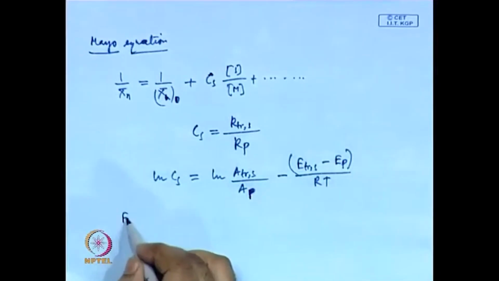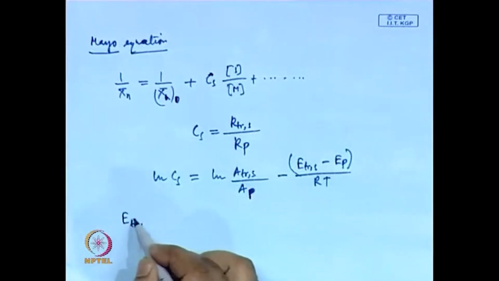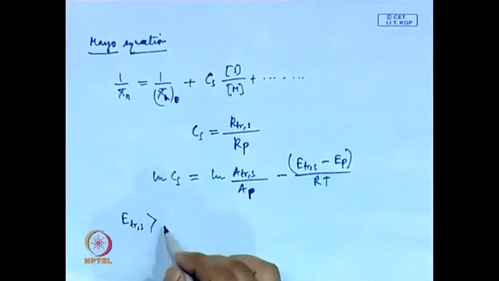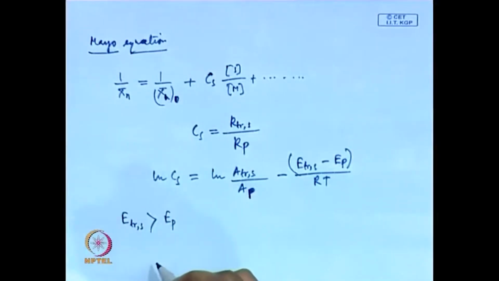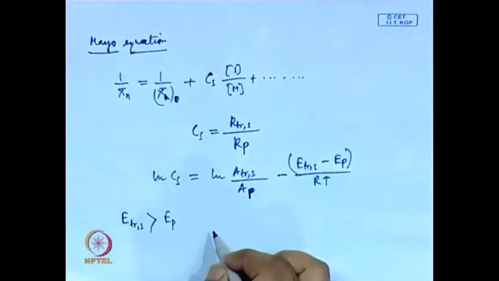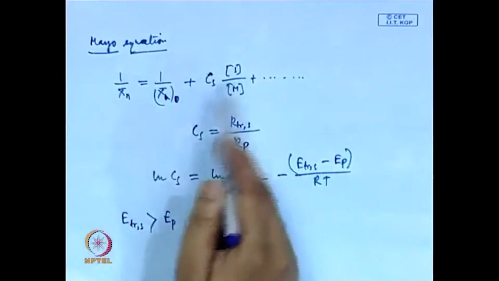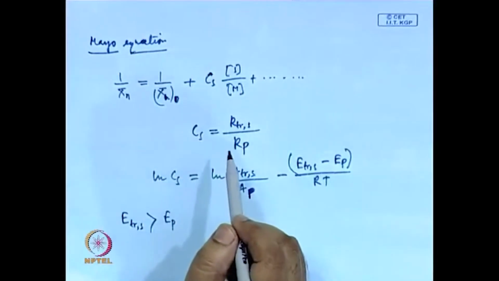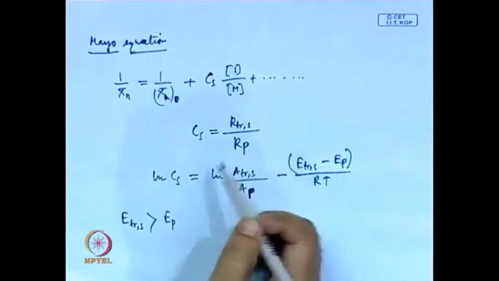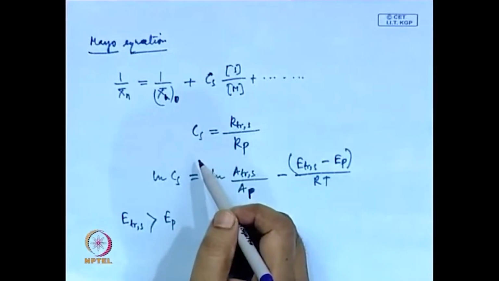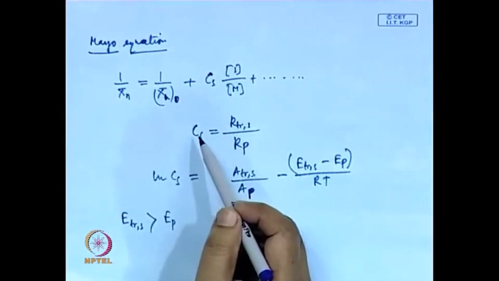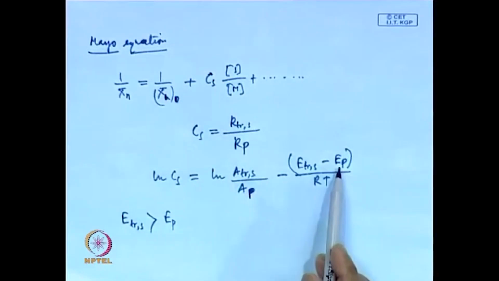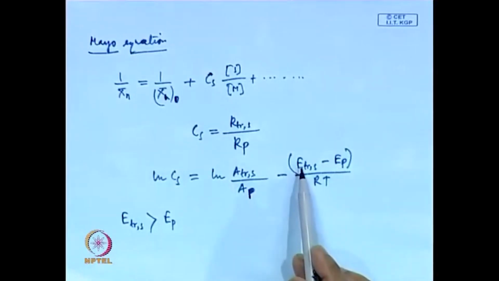Now, generally the activation energy for transfer is higher than the activation energy for the propagation, which means with increase in temperature, the value of Cs goes up.